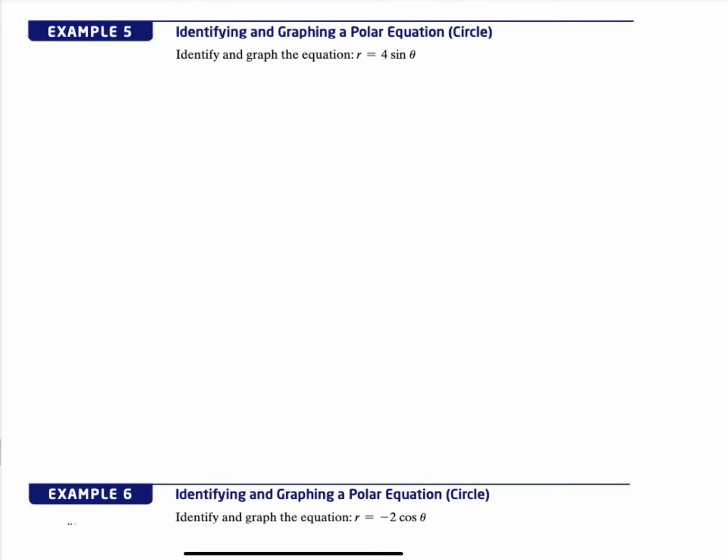In number 5, we have r equals 4 times the sine of theta. This time we don't have an r attached to the sine, and we have an r on the other side of the equation. We're always trying to produce an r squared or an r sine theta, so it would be nice to have an r on both sides. That'll be our technique here. Let's multiply both sides by r.